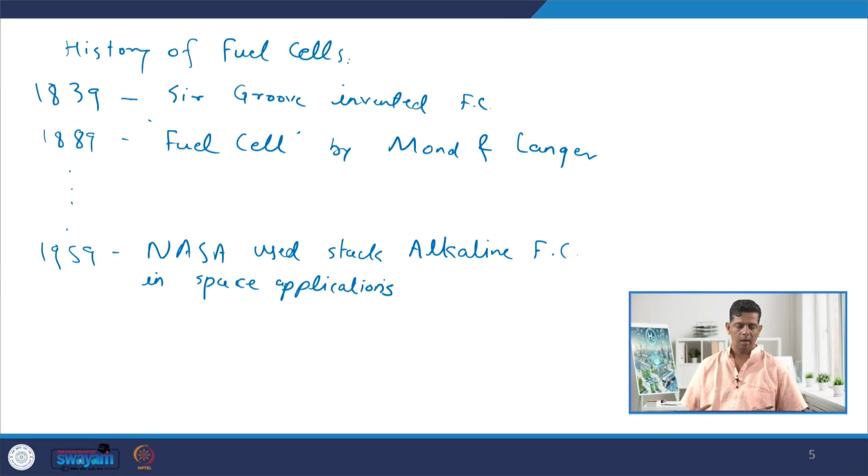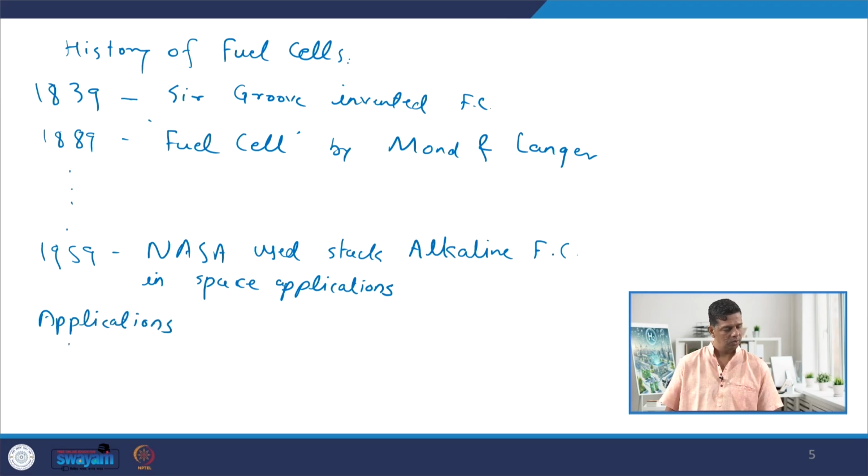And that is when the entire world got interested in this technology, and then things started rolling up. What are different applications? We can use these fuel cells in many applications since it is a source of energy. We can use it in stationary applications, in automobile applications, in space applications, and so on and so forth.